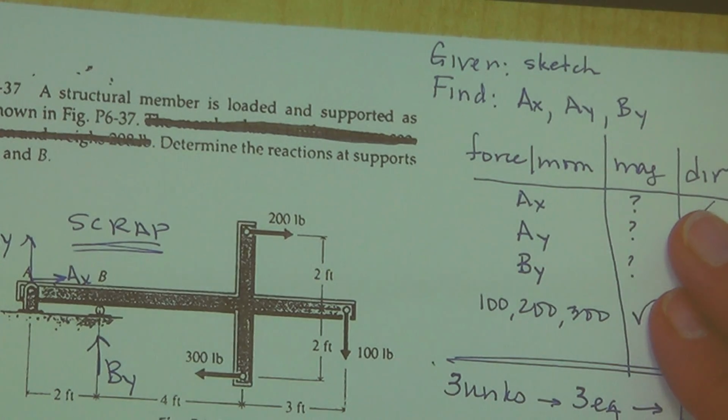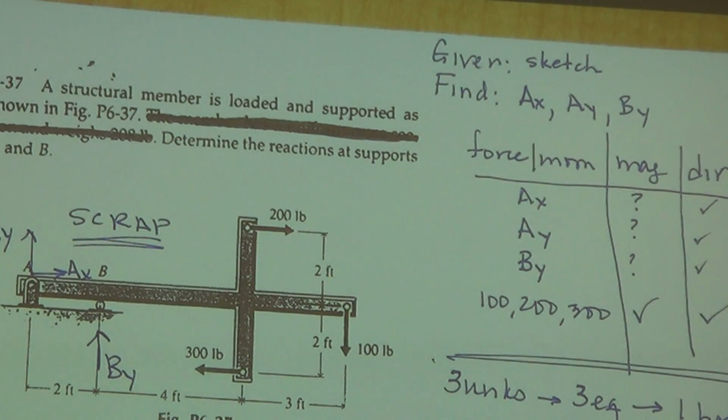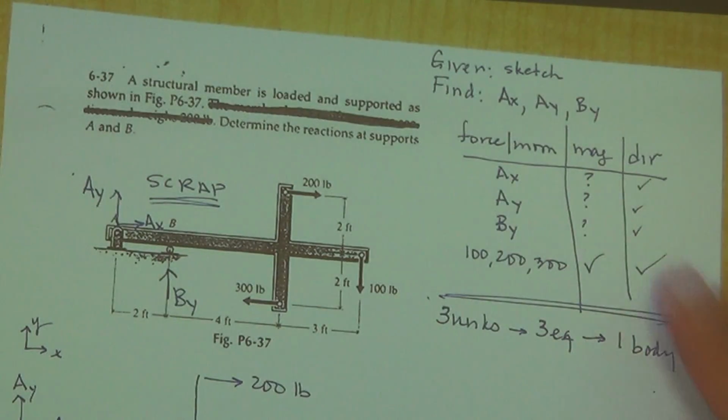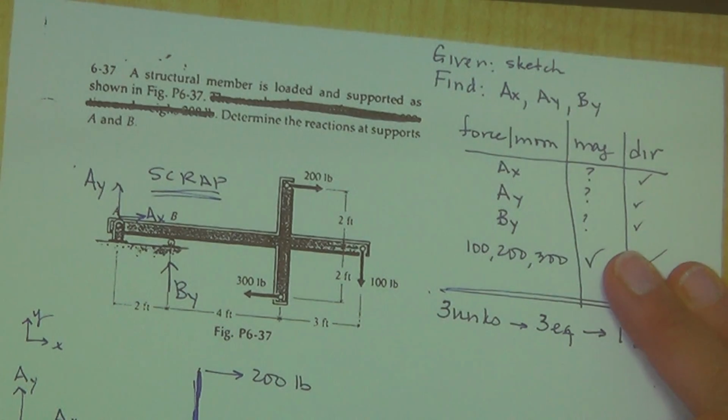So let's draw it all. You have an X and Y and you have a straight shape. Do I have a complete free body diagram here?